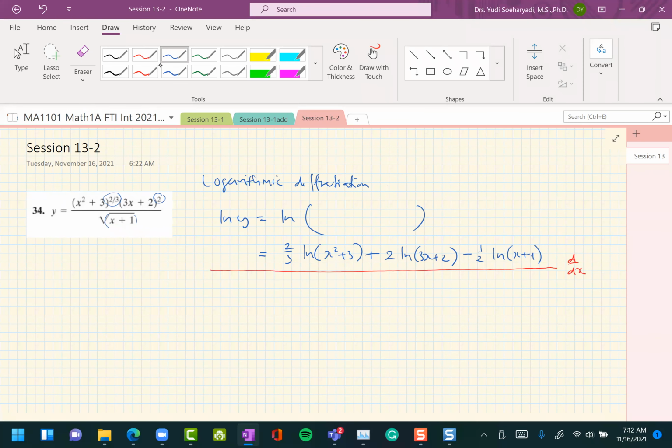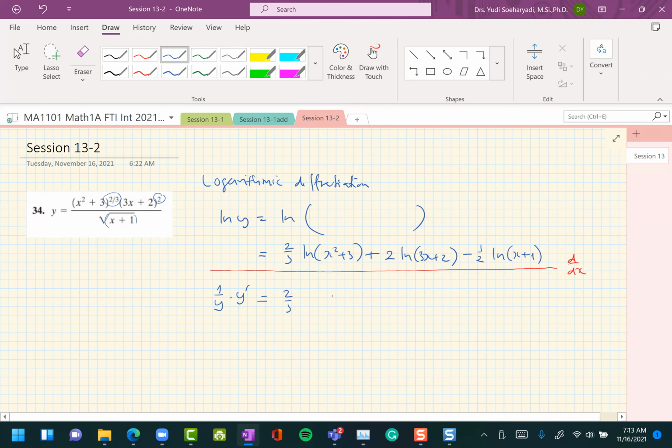And now we take d/dx. Recall that y is a function. So in computing d/dx of ln of y, you use the chain rule. The derivative of ln is 1 over y, and by chain rule, you have y prime. Then take the derivative of each of the terms on the right-hand side. That's easy.